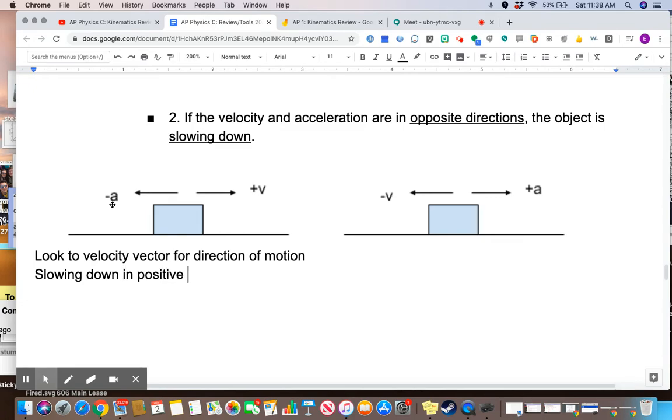So velocity here is positive, so we're moving in the positive direction, but we're slowing down. Velocity over here is negative, so we're still slowing down because they have opposite signs, but we're slowing down in the negative direction. So the direction of the velocity determines the direction of the displacement.